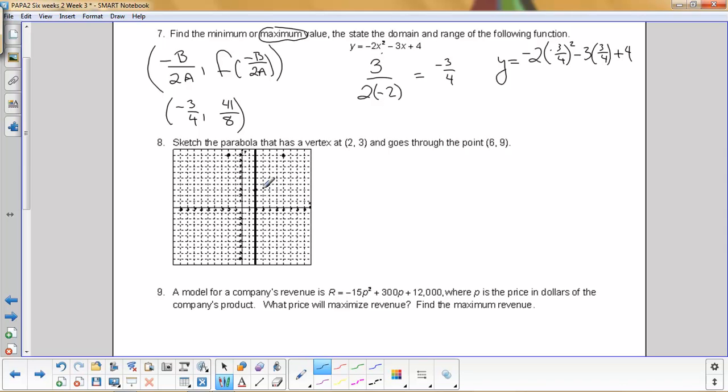If I go over 1, 2, 3, 4, 1, 2, 3, 4, 5, 6, you'll notice now that what you have is a set of values that do not fit the critical values that are given on any particular parent function. So what we have here is a parabola that has a stretch or a compression.